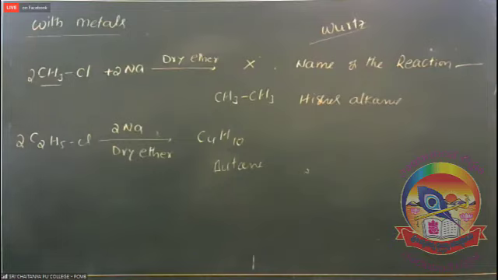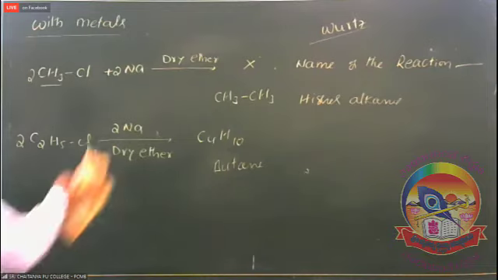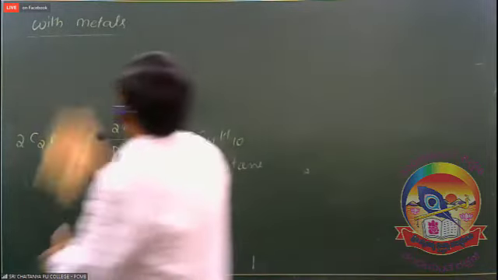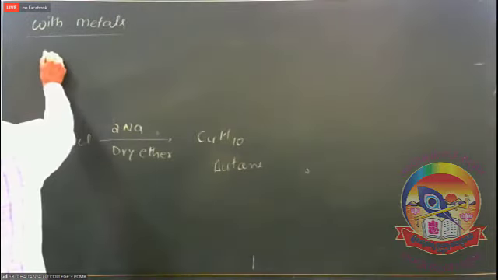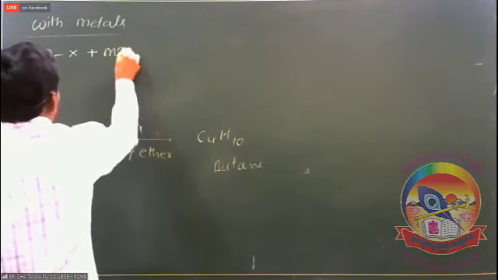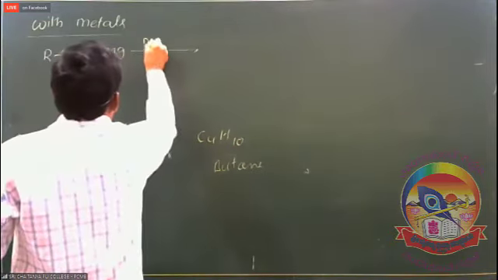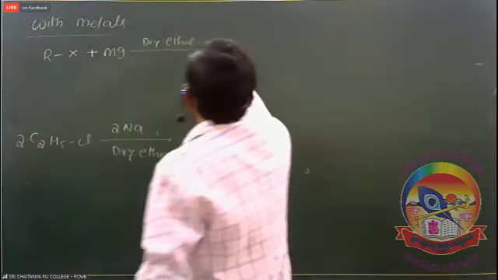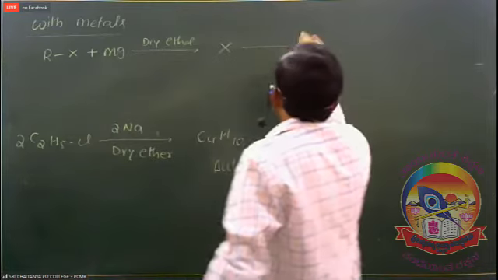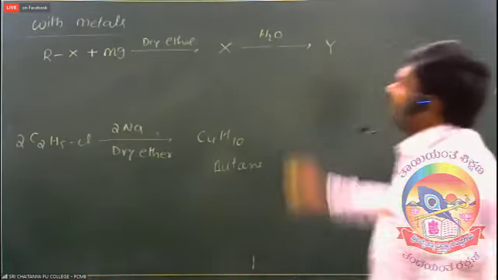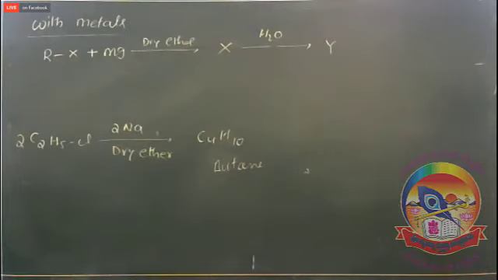The next one. Suppose the same alkyl halide reacts with magnesium metal in the presence of dry ether. Here the compound formed is X. X is treated with water, and the compound formed is Y. So what are X and Y?